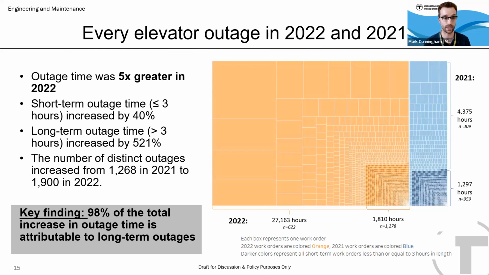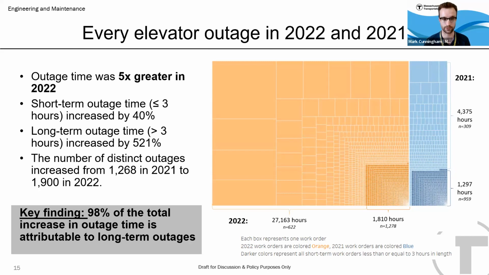We found that outage time was 5 times greater in 2022. That is obvious if you are able to see that the orange section is much larger than the blue section. So we found outage time 5 times greater. Short-term outage time did increase. It increased by 40% between 2021 and 2022. But really it was the long-term outages that were driving this increase.